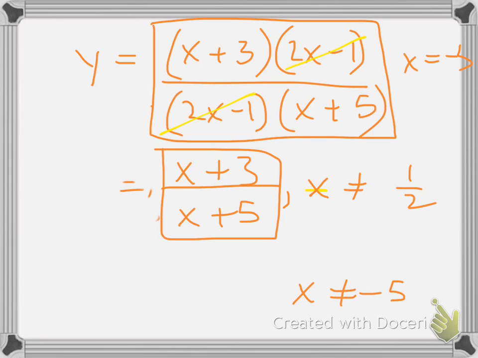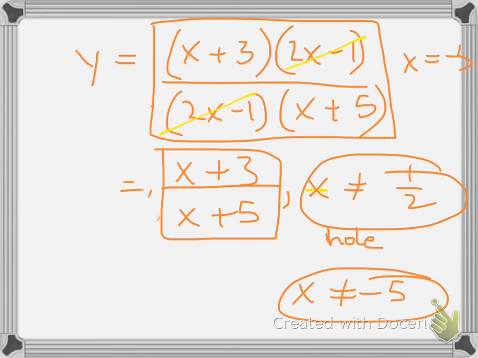Graphically, and you're not going to understand what I'm about to tell you, this is called a hole in the function. This excluded value is called an asymptote. And we'll learn this next semester. We'll learn what an asymptote is and how to graph it. So, two different kinds of discontinuities.